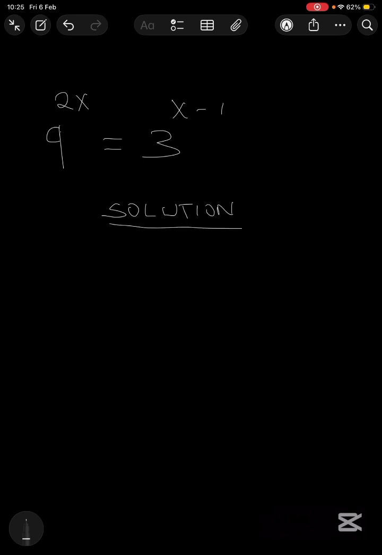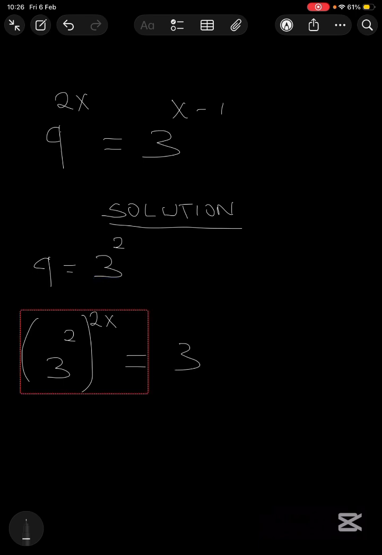So this is 9. 9, we can write it as 3 power 2. So we substitute now in our question. Our aim is to make the base the same. So 3 power 2, this is the same as 9. And 9 power 2x is equals to 3x minus 1.